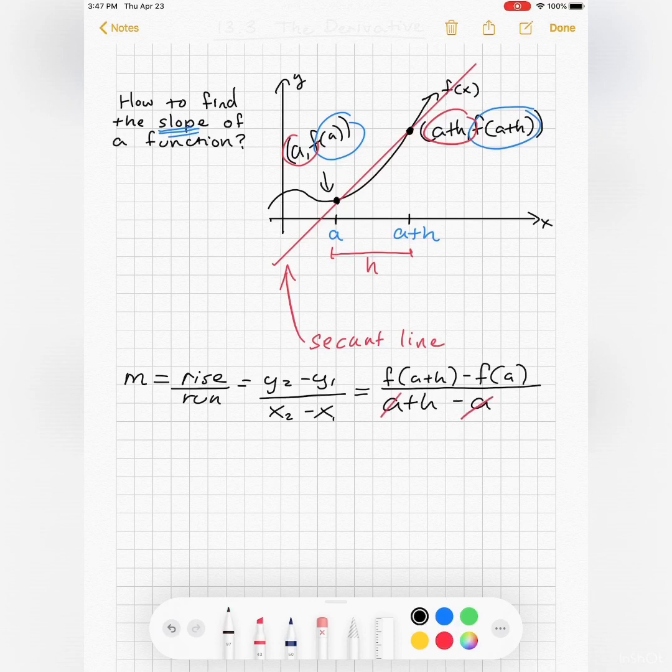Those cancel. So I have f of a plus h minus f of a over h. So this formula has a special name. So this formula we call the difference quotient.